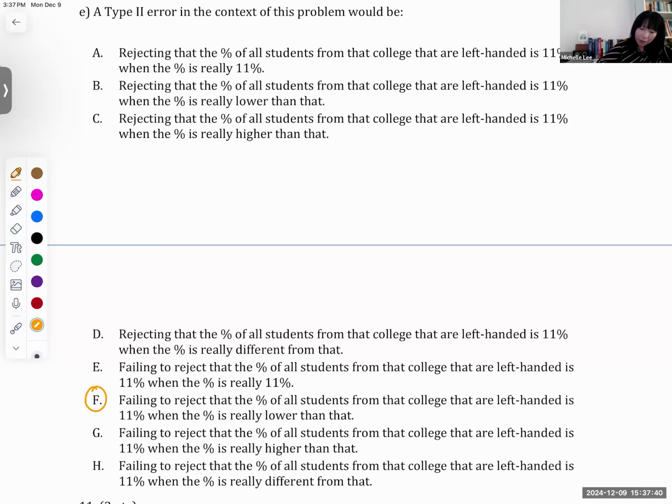Okay, type 2 error says do not reject the null hypothesis when the alternative hypothesis is true, right?